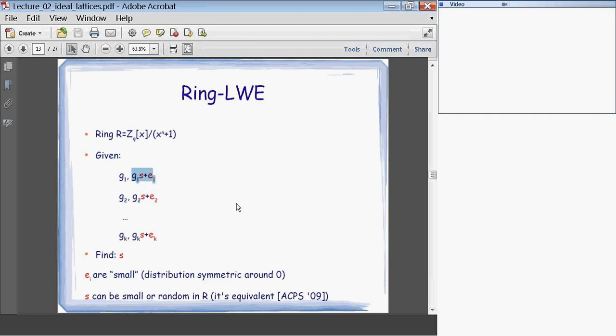And put the following vector: G multiplied by S plus E. All three points here are actual polynomials, and this particular polynomial E is generally referred to as the noise polynomial, and it's often referred to as a small polynomial, which means that it's generated using a discrete Gaussian distribution with a certain bound.